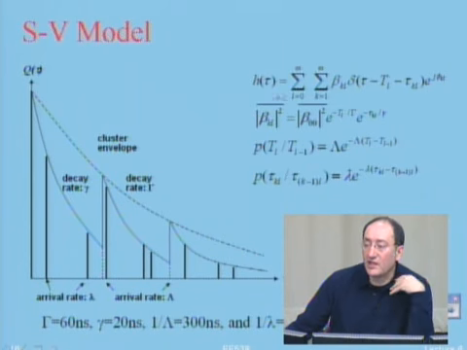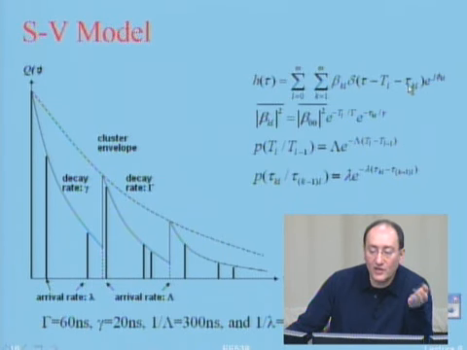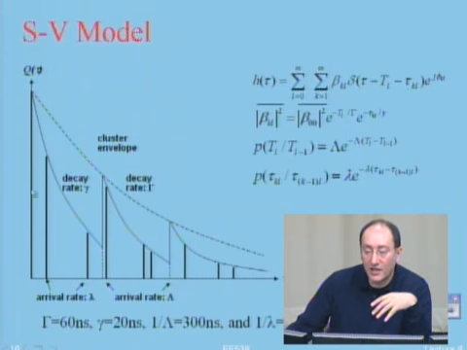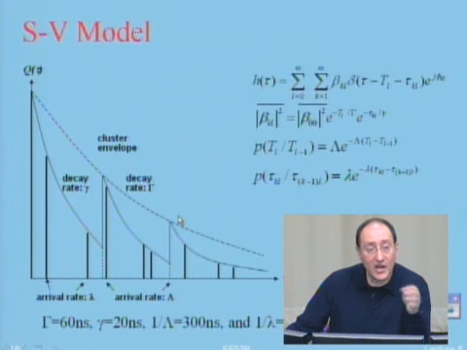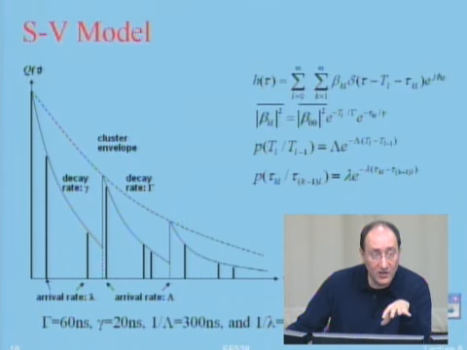So the equation that comes in here is like this: these are arrivals of the clusters, these are arrivals of the paths within the cluster, or they call them rays within a cluster. These rays within the cluster arrive at one Poisson rate, and the clusters themselves also arrive according to Poisson arrival with a different rate.